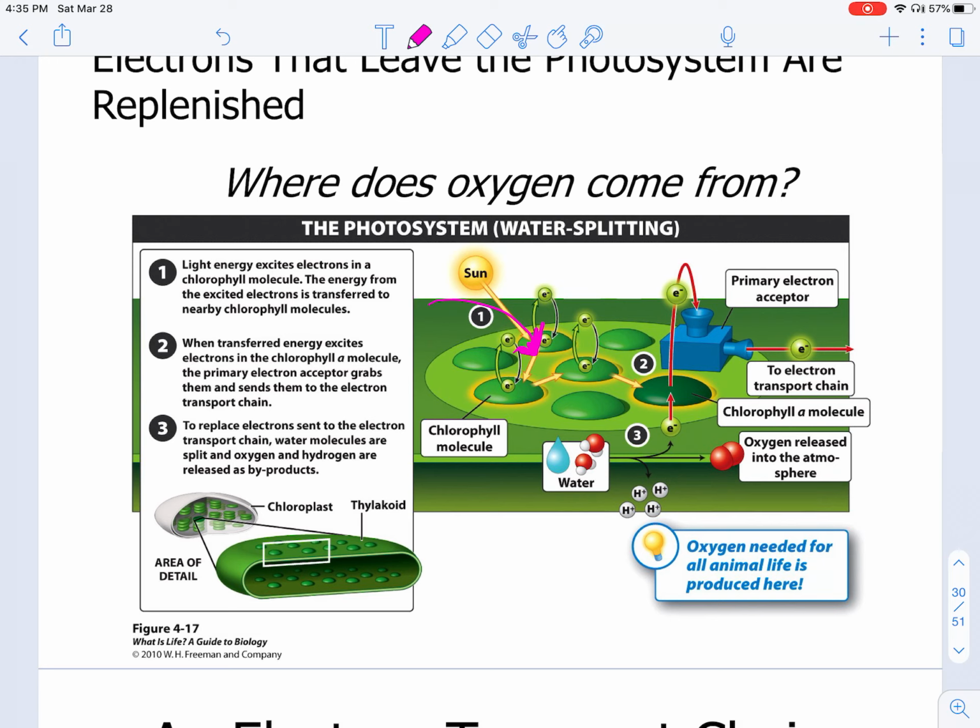So again, what happens? Sunlight will hit a chlorophyll molecule in this antenna system. An electron gets activated and it basically gets passed around these chlorophyll systems until finally it hits a special chlorophyll. And the special chlorophyll actually is pigmented a little bit differently than all the other ones.